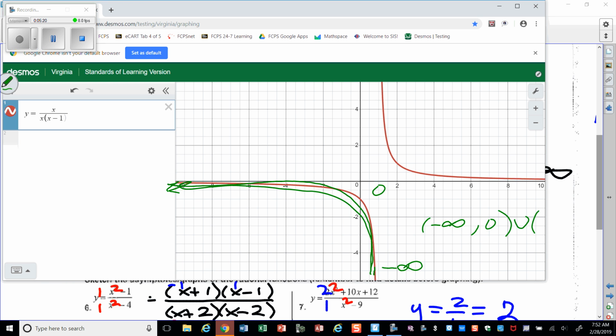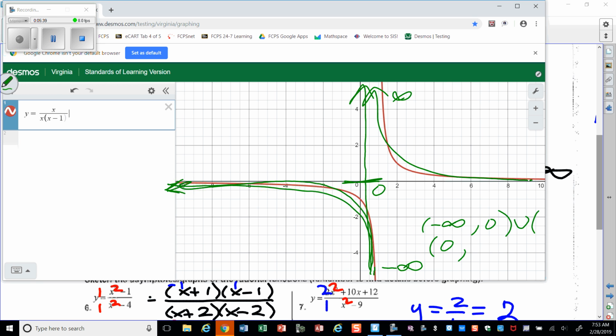And then I have to pick up my pencil so it's discontinuous, and it picks up over here at 0 again, because we're looking at what's happening on the y-axis. So I pick up at 0, and then it goes to positive infinity.